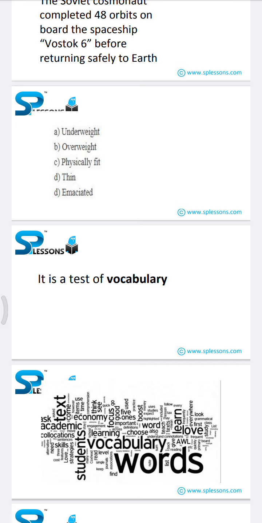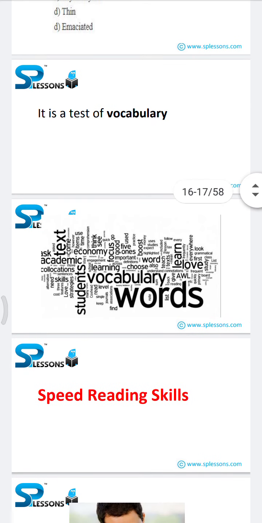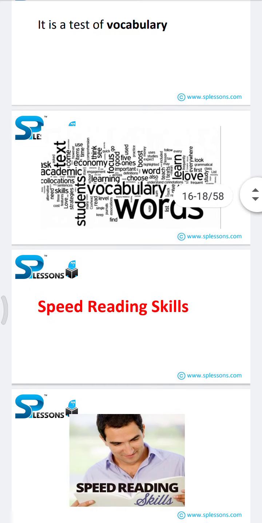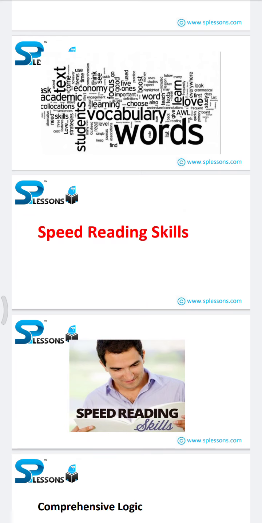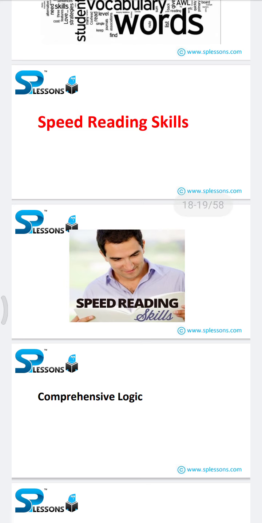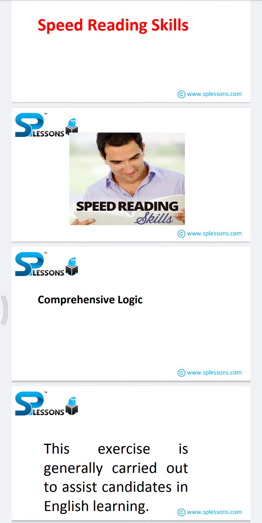Closed test patterns test our vocabulary, as vocabulary is very important to answer any type of English language section in all competitive exams. Closed test also helps improve our speed reading skills, as speed is very important whether in writing or reading.